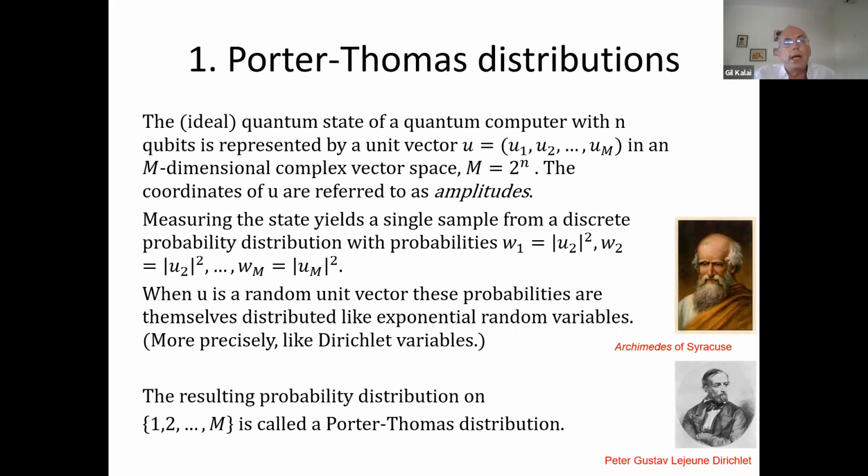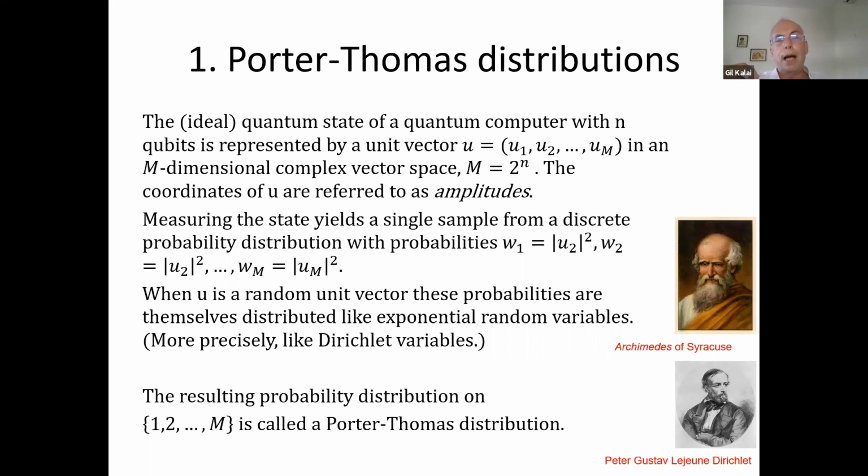If you start with a random unit vector, then these probabilities themselves are distributed like exponential random variables. Actually, a slightly more precise description is Dirichlet variables, but when n is large, it behaves like exponential random variables.